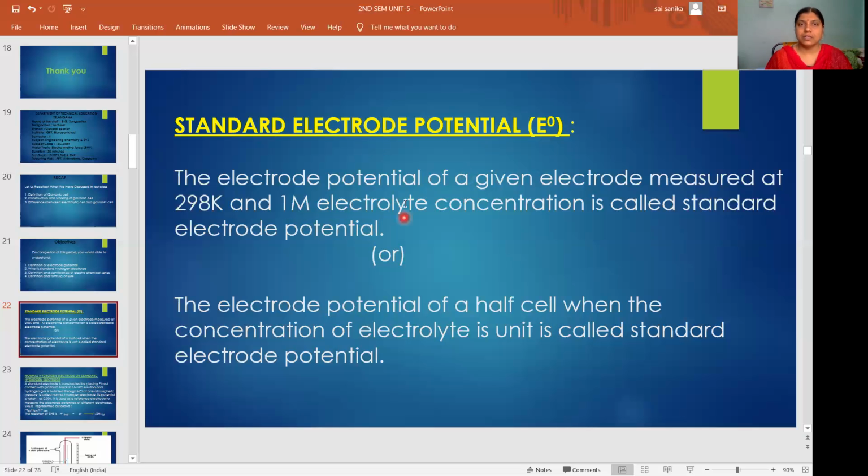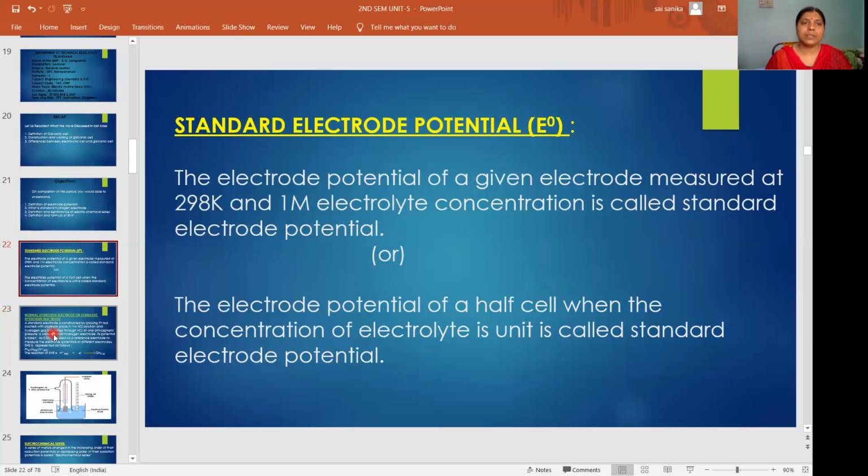Okay, understood? The potential of the electrode measured at this temperature and this concentration is called standard electrode potential.